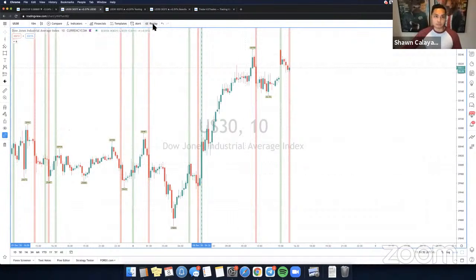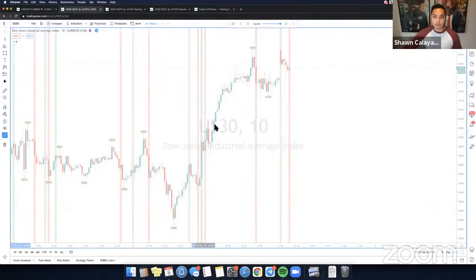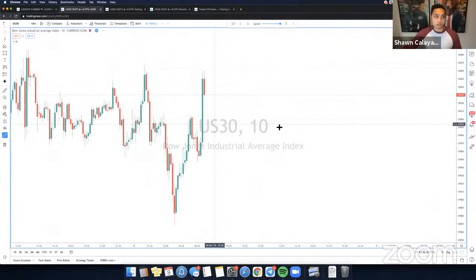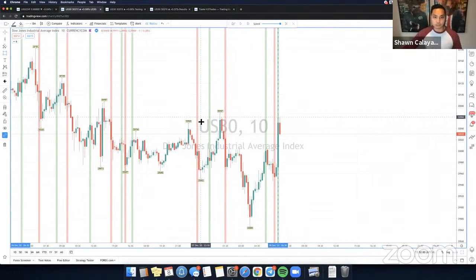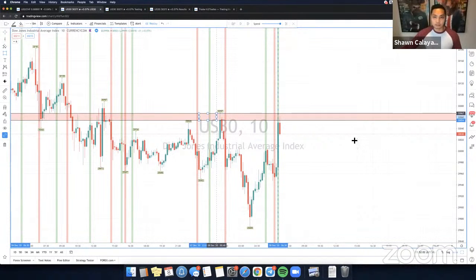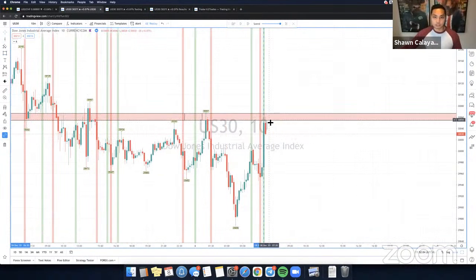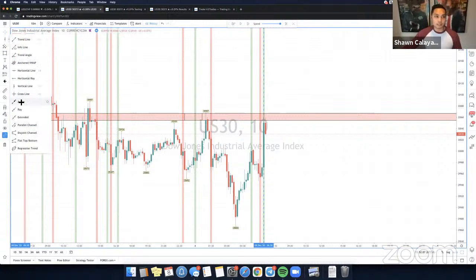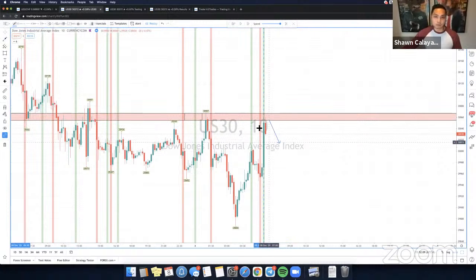If you followed it after the open, it looked like it possibly could have rejected back down, because right here, if we had the structure lined up, we would have seen that there's a rejection here. And then this would have hinted that price was probably going to come down. So that's why I wouldn't have taken this specific signal right here.